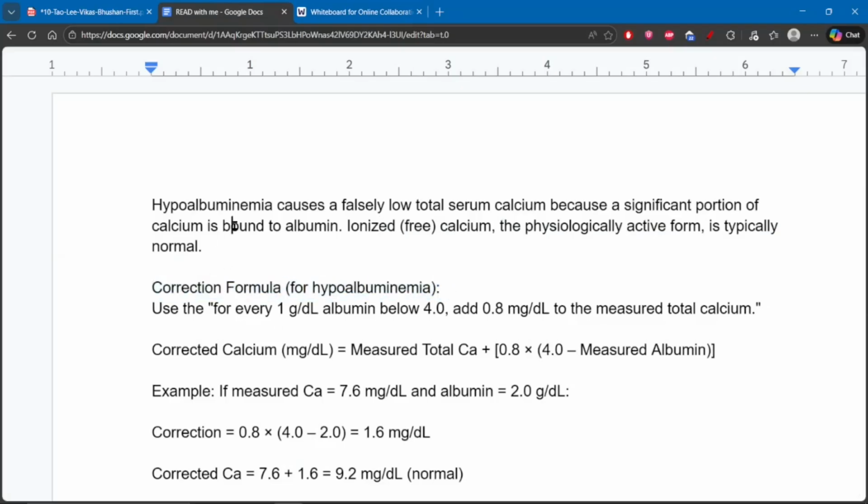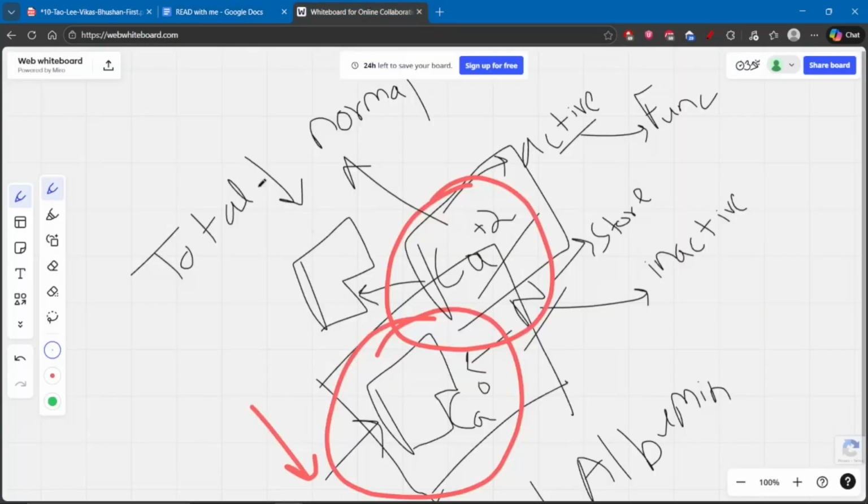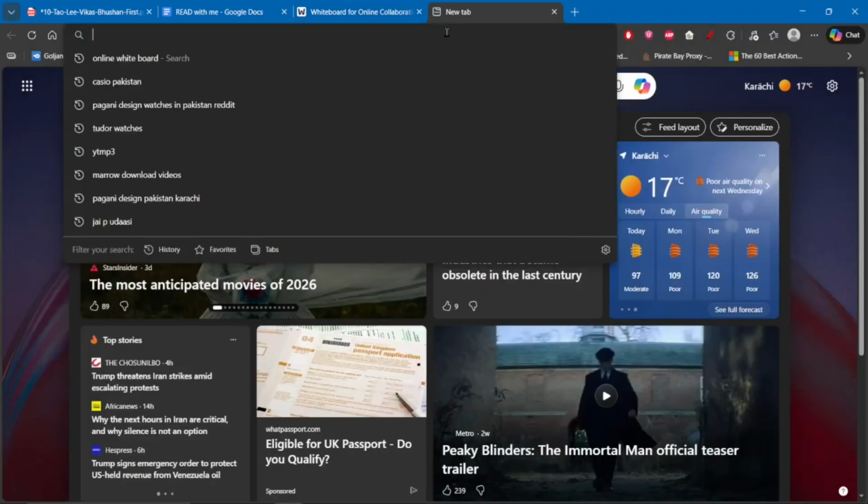This is the formula that we use. The basic principle is for every 1 gram per deciliter of albumin below 4, add 0.8 milligram to the measured total calcium. Right, so albumin levels are 3 to 5, I guess. Let's confirm it.